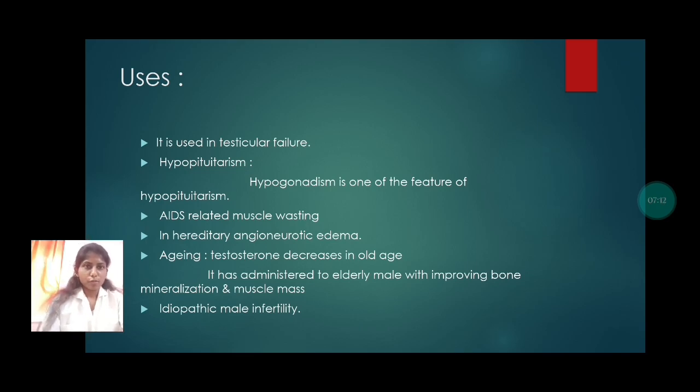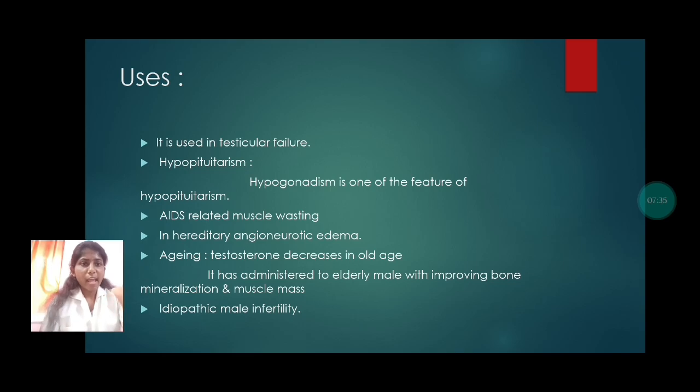Uses of testosterone. It is used in testicular failure and hypopituitarism. Hypogonadism is one of the features of hypopituitarism, and it is used in that. It is used in AIDS related muscle wasting. As we know that testosterone is used in muscle building, we use it in AIDS related muscle wasting.